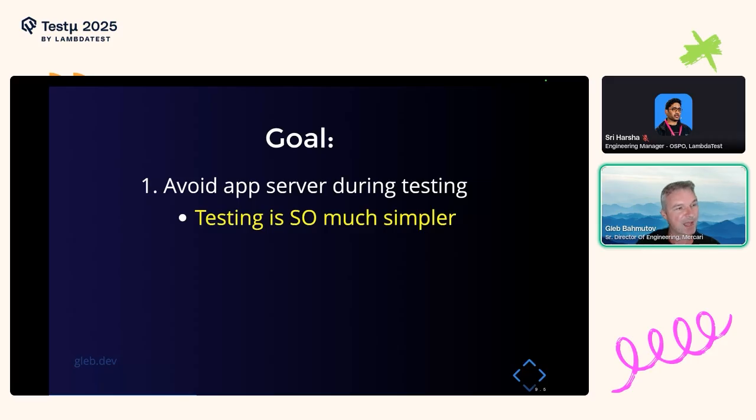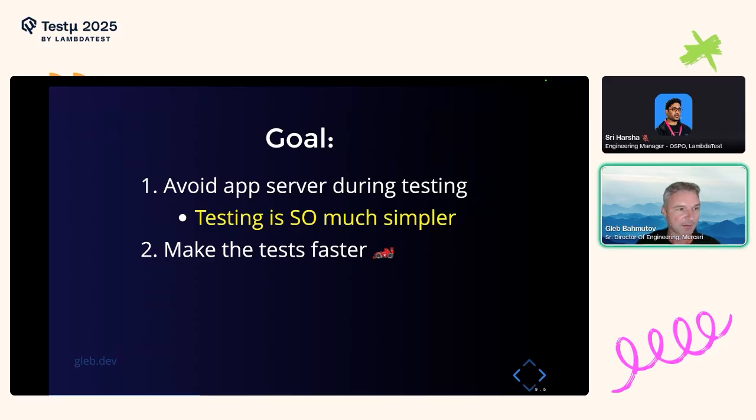If we have a backend that's specific to our application and we make API calls, the first problem that we usually find is that testing is complicated by needing that app server specific for our tests. If we didn't have it, right, it would be so much simpler just to load HTML, just to load CSS and JavaScript, and have just the browser part.